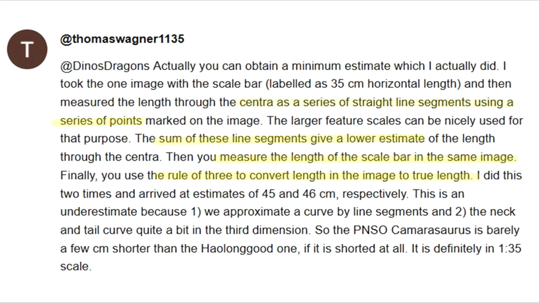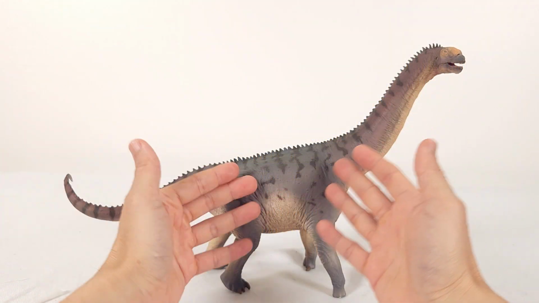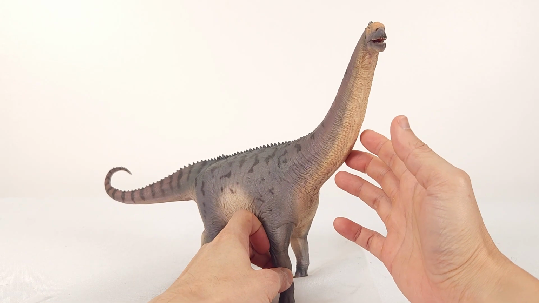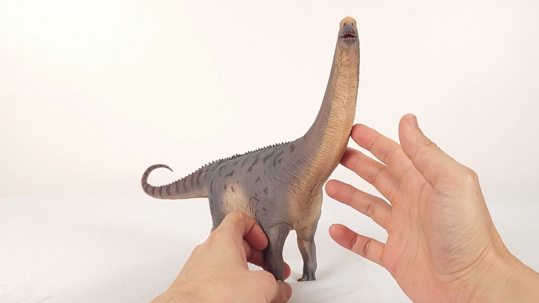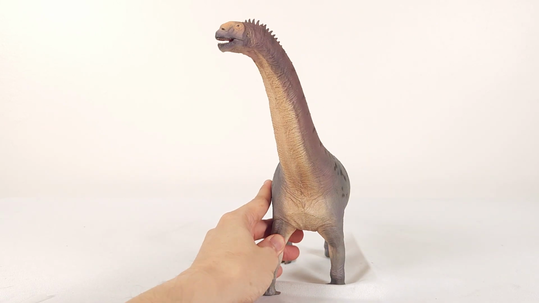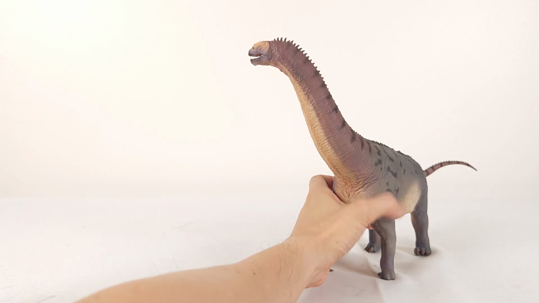You can see that Mr. Wagner here, just using a release image, was able to estimate a through-centra length of 45 or 46 centimeters, which is exactly what I estimated from the actual model as well. And for increased accuracy, it may be useful to consider the speed of rotation of the Earth, the gravitational pull of Jupiter, and the current phase of the Moon.